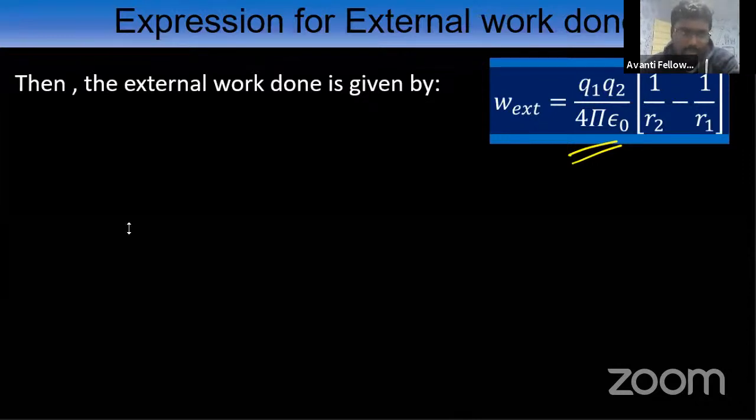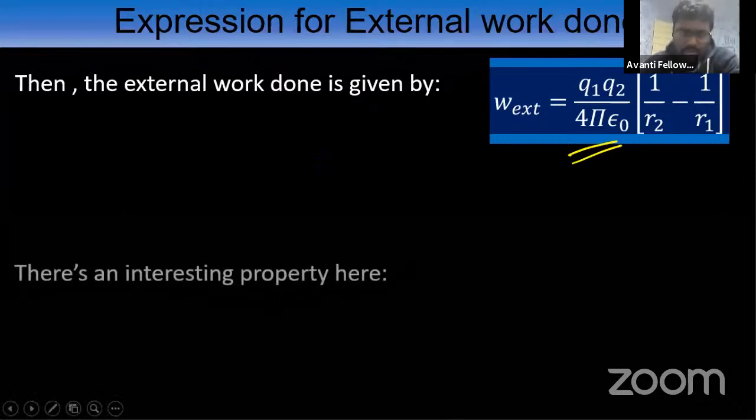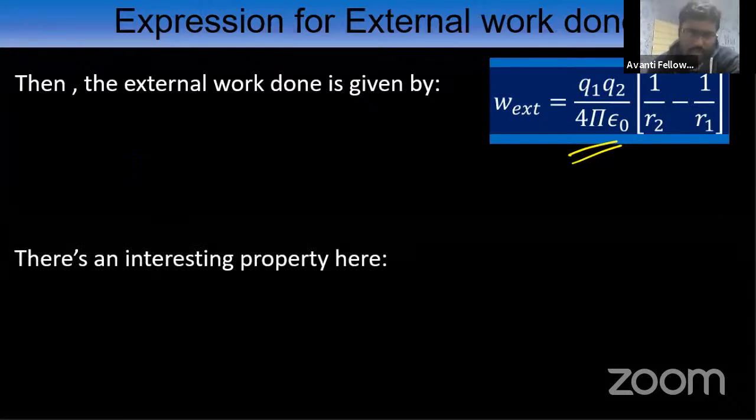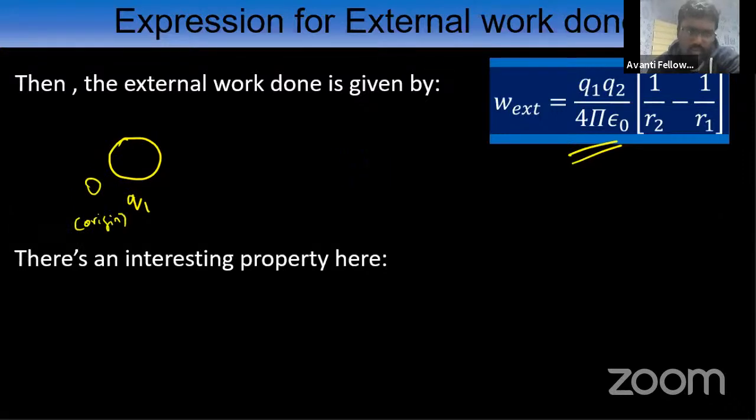Now, what can you conclude from this? There's an interesting property here. What was happening here? I had my charge Q1, which was fixed at point O at the origin.